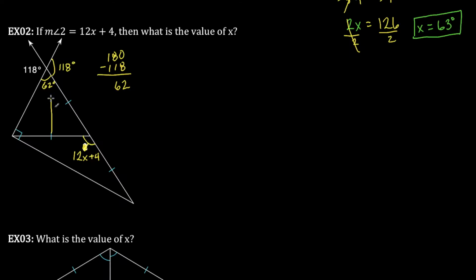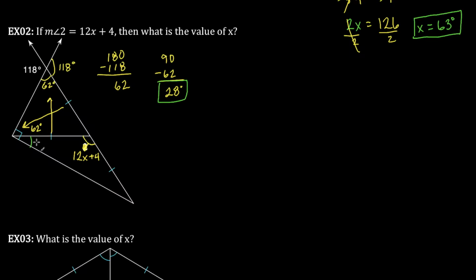And if this is 62 degrees, then this across from it is also 62 degrees. And this is complementary, so I do 90 minus 62 degrees, which is 28 degrees. I'll box that.